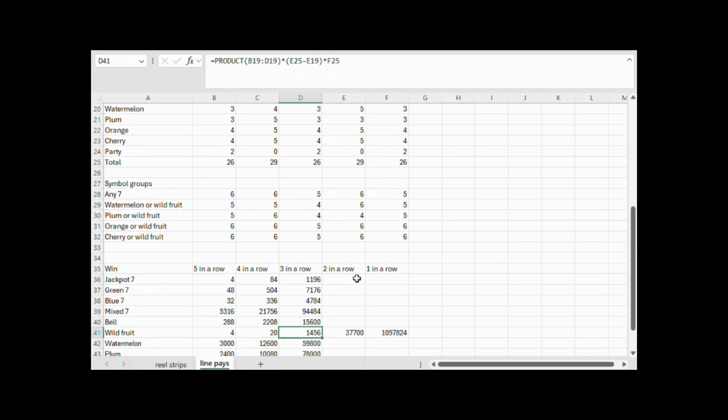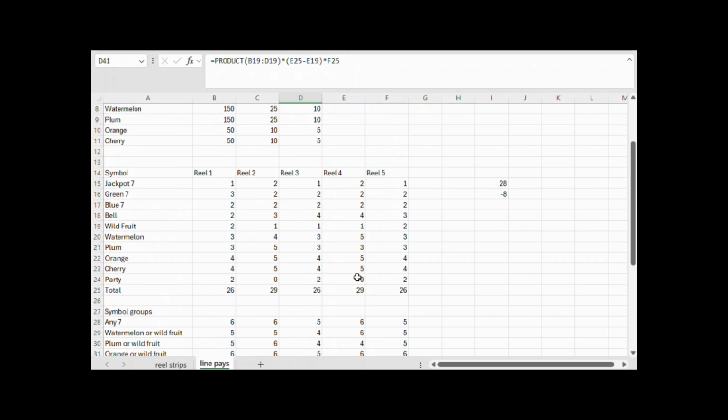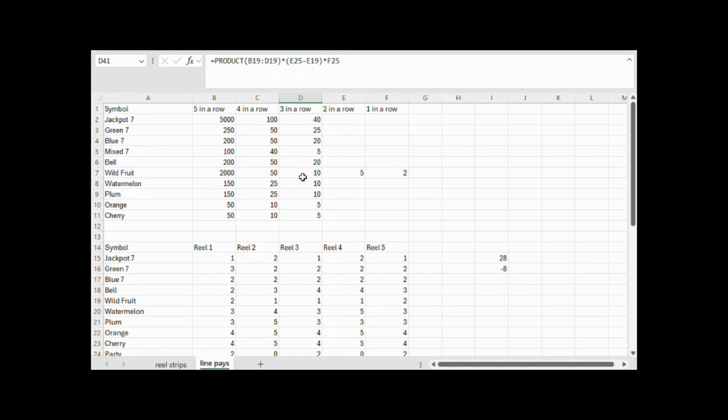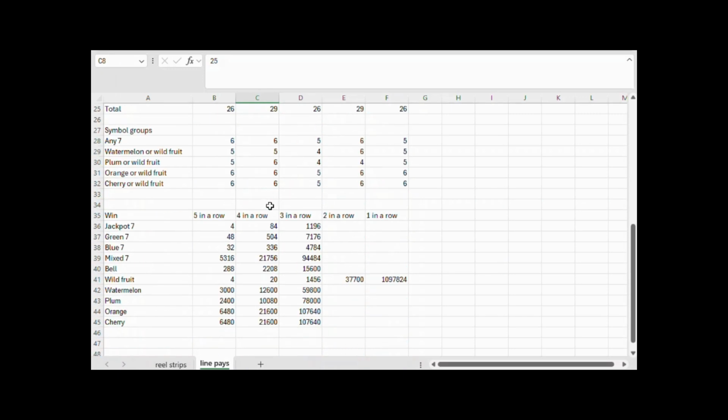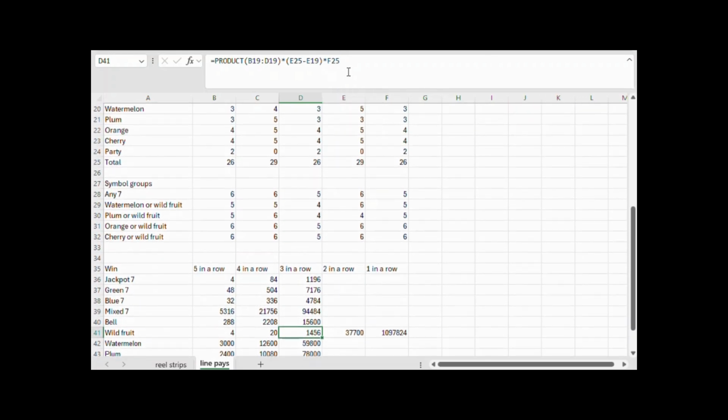And next let's do 3 wild fruit. So let's look at the pay table. 3 wilds pay 10, and 4 of any specific fruit pay at least 10. So let's adjust that formula for reel 4.